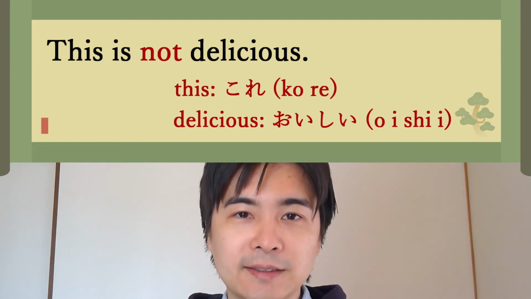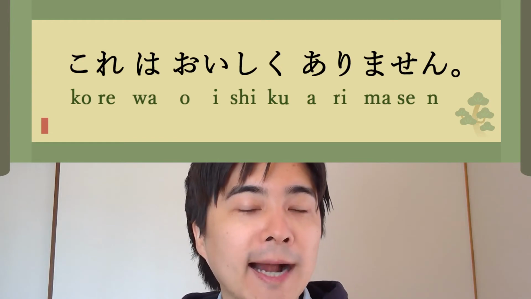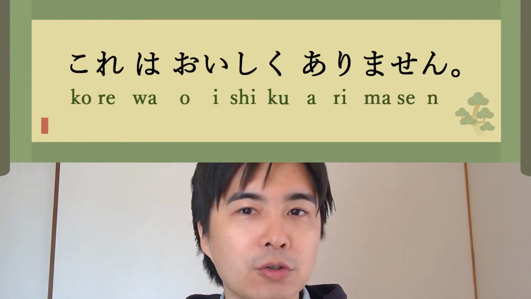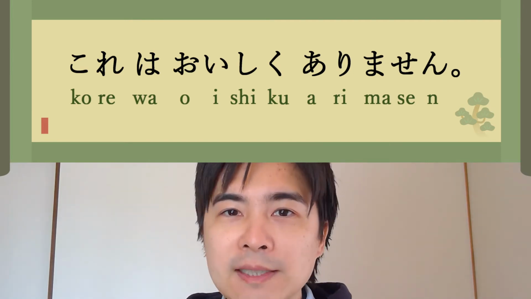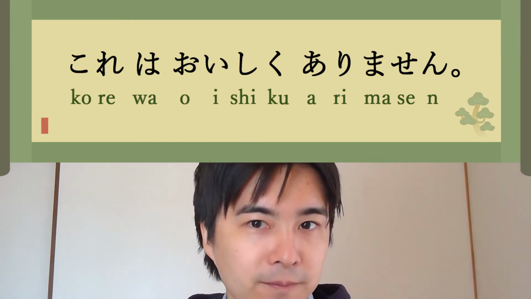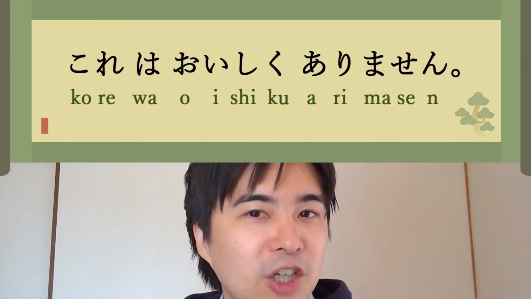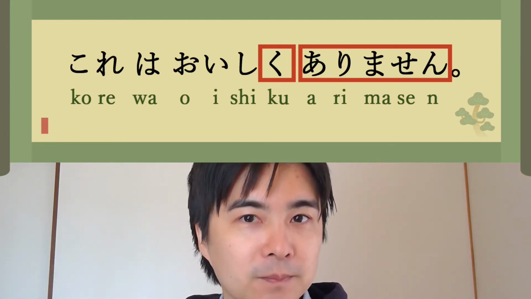And the answer is これは美味しくありません。Since 美味しい is an I-adjective, 美味しい becomes 美味しく and ありません follows it.